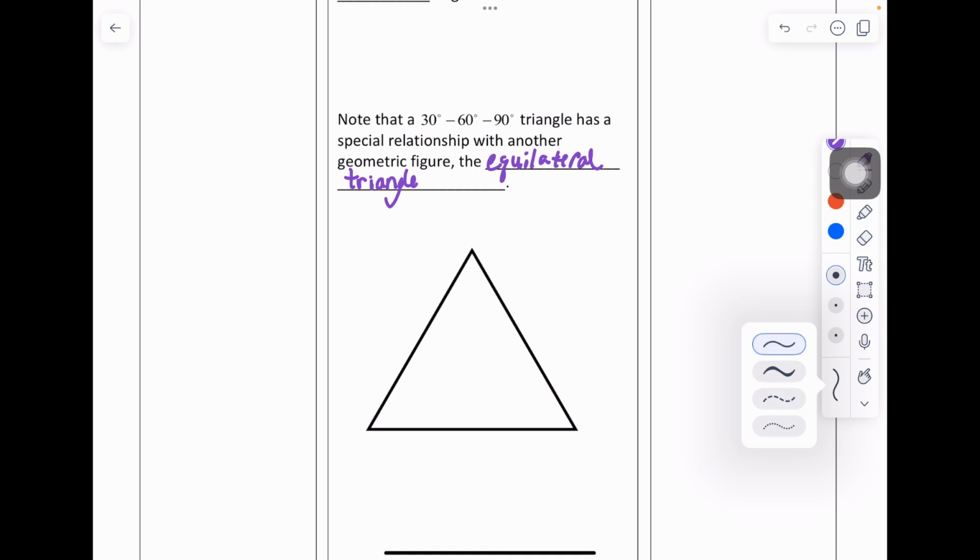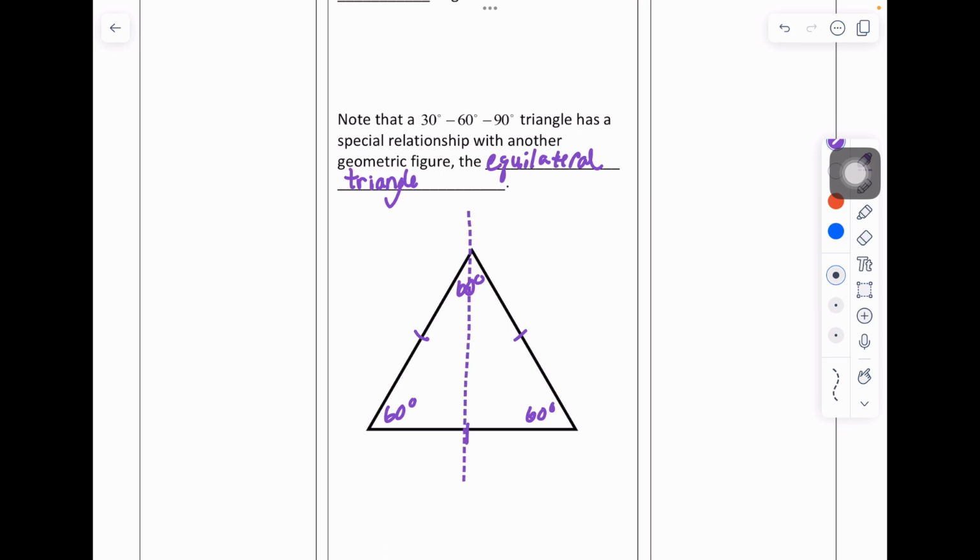But first, actually, let's do this first. If it's equilateral, that means I have 3 60-degree angles and all of these sides are the same. Now, if I choose to split this, to move that over so it's in the center. There we go, because that's important to us.